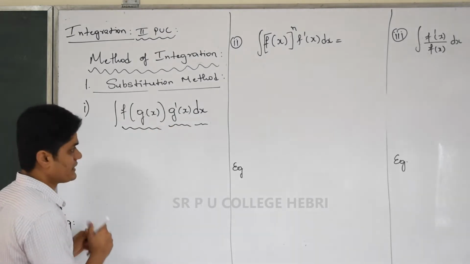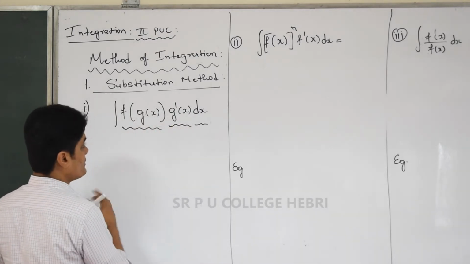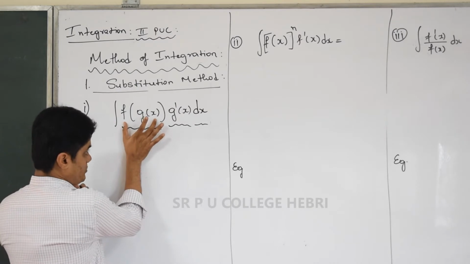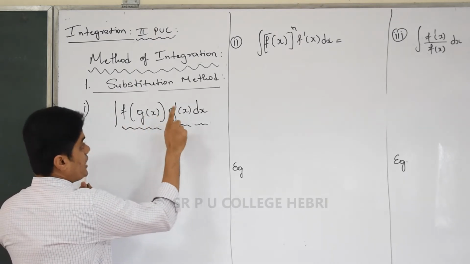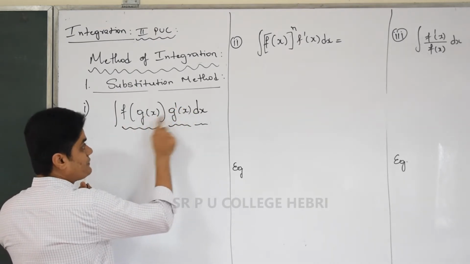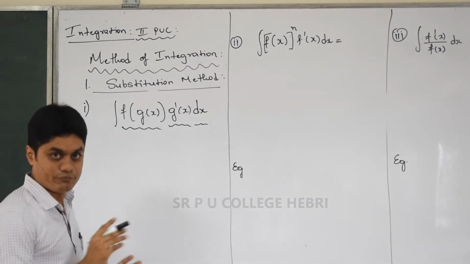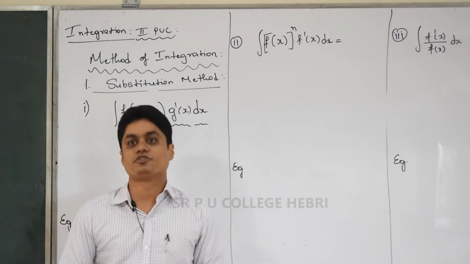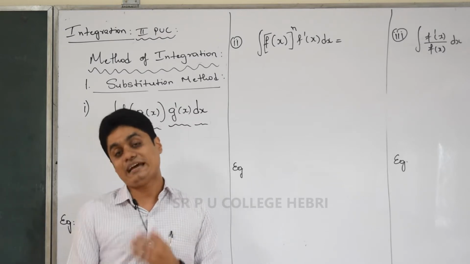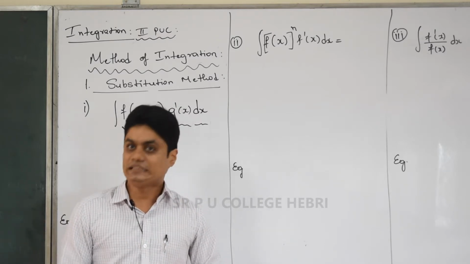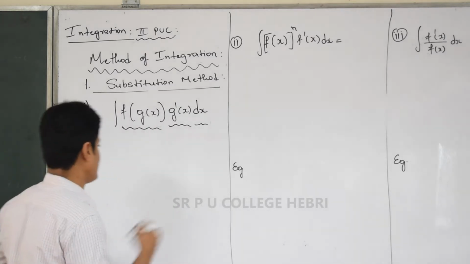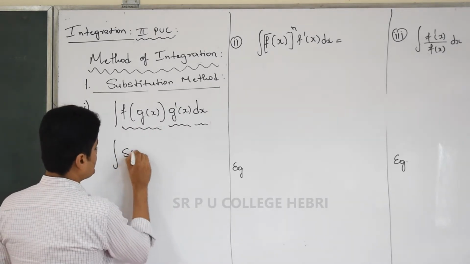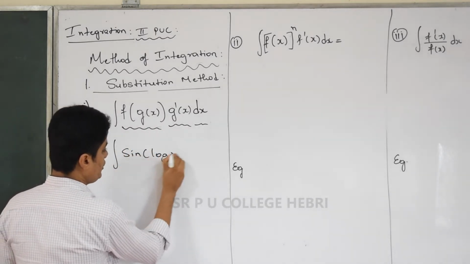If you are integrating a composite function, you should have outside it the derivative of its inside function. If you want to integrate f of g of x, you need to have along with that function the derivative of the inside function. Otherwise you cannot integrate. For example, suppose you want to integrate sine of log of x square.